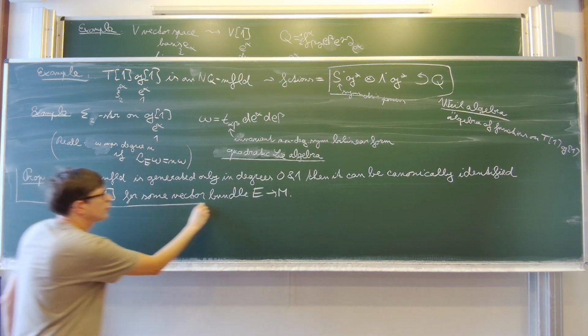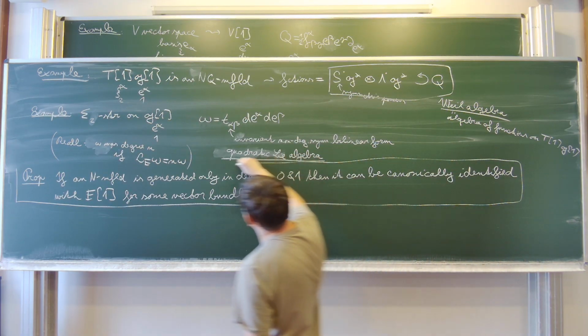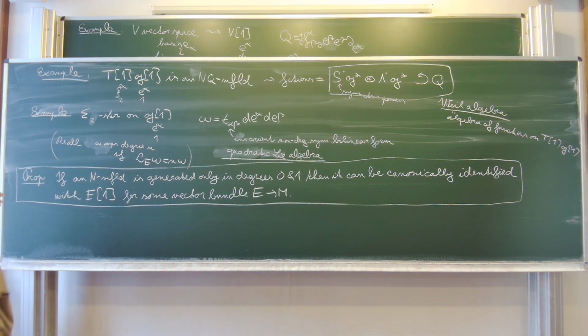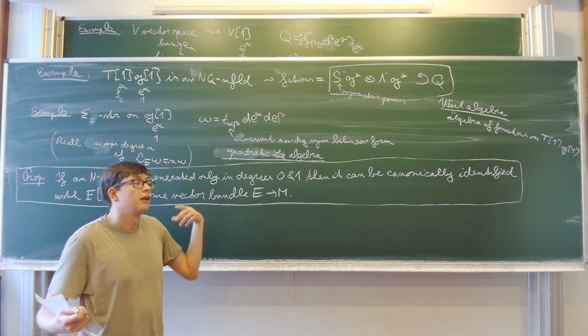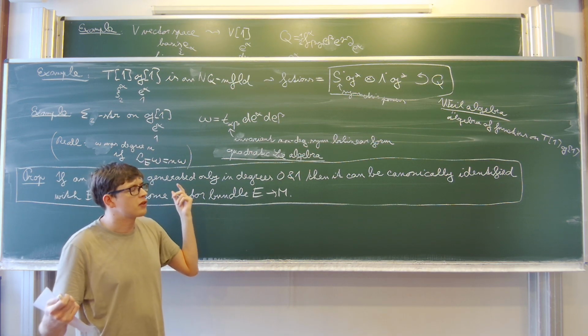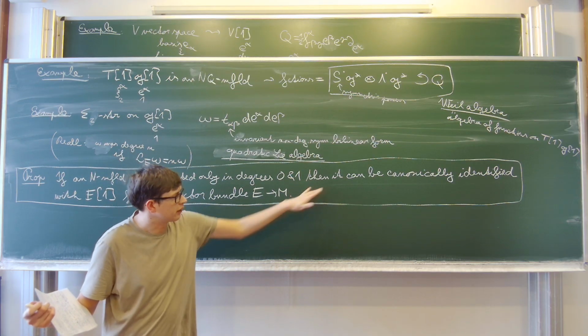The proof of this is not difficult. What is happening there is that if you have only coordinates of degree 0 and 1 and you want to make a change of coordinates, this really behaves like a vector bundle. You cannot do nonlinear changes of coordinates for these non-trivial higher degree things.